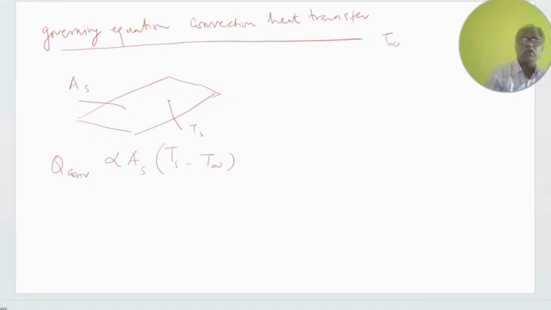If I increase the temperature difference, it also increases. The proportionality constant is called h: Q convection equals h into AS into Ts minus T infinity, and h is called the convective heat transfer coefficient.